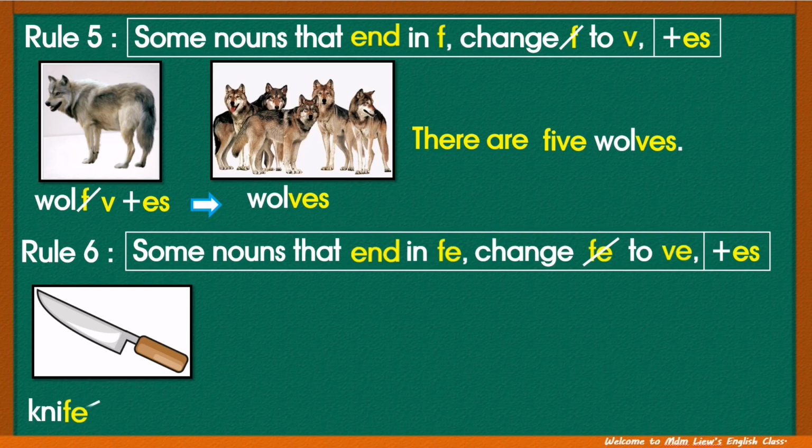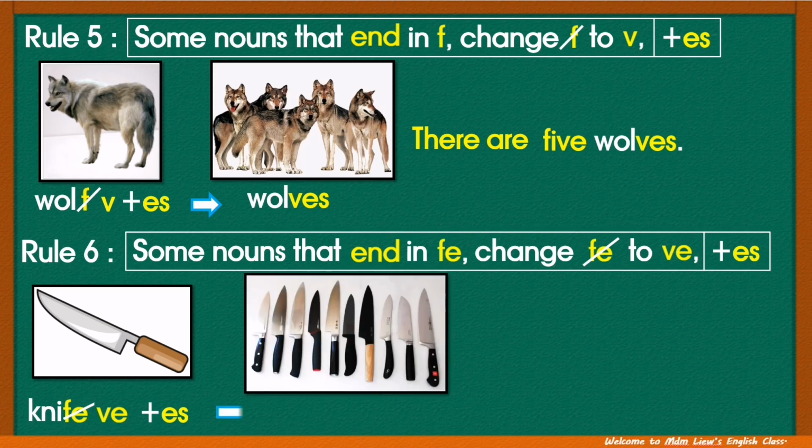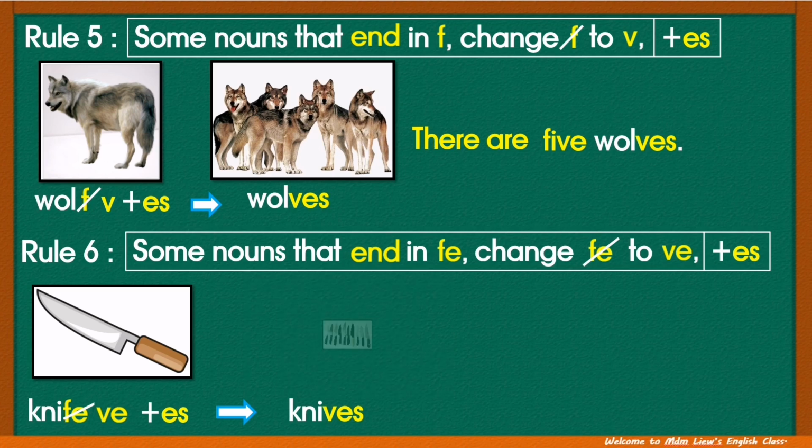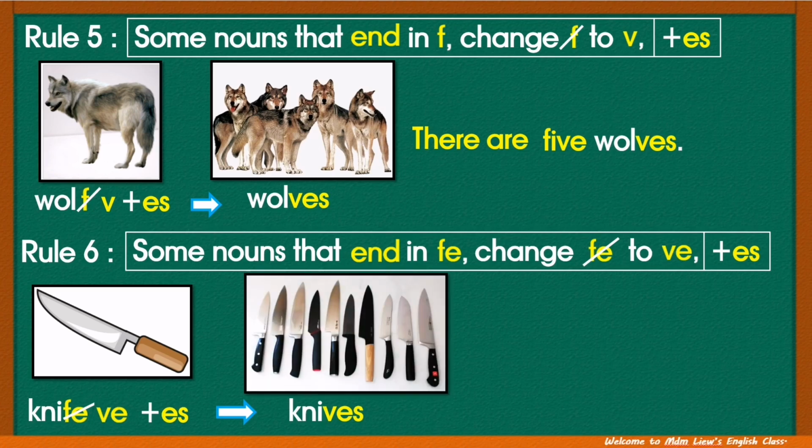You need to change FE to VE, then add ES to make it plural. It becomes knives. Now, to write the sentence in plural, begin your sentence with there are, followed by the quantity some, then the plural noun knives. There are some knives.